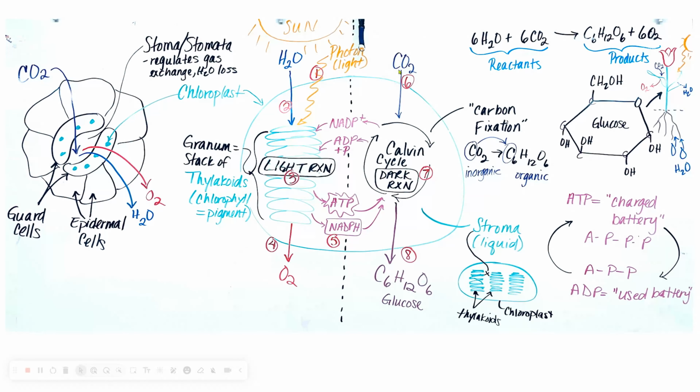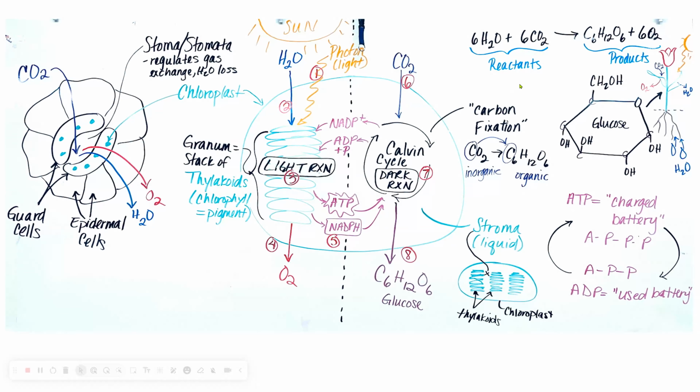This process of taking an inorganic carbon out of carbon dioxide and building a glucose molecule is known as carbon fixation. If we trace the carbons, CO2, this carbon that is inorganic, will then ultimately become part of the organic glucose molecule.